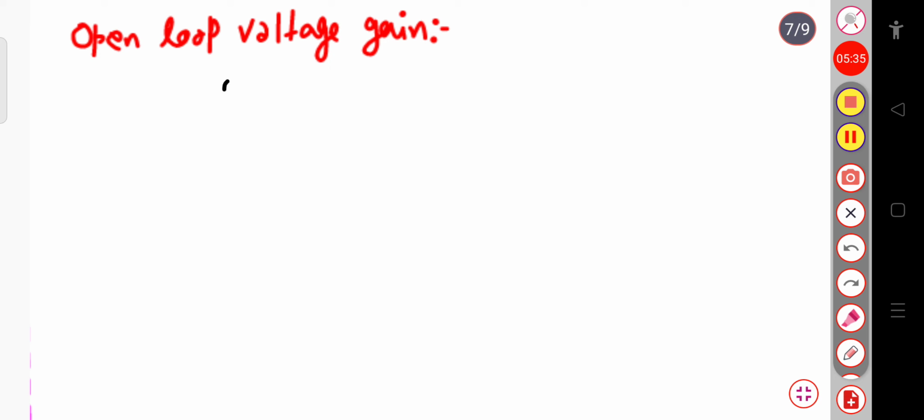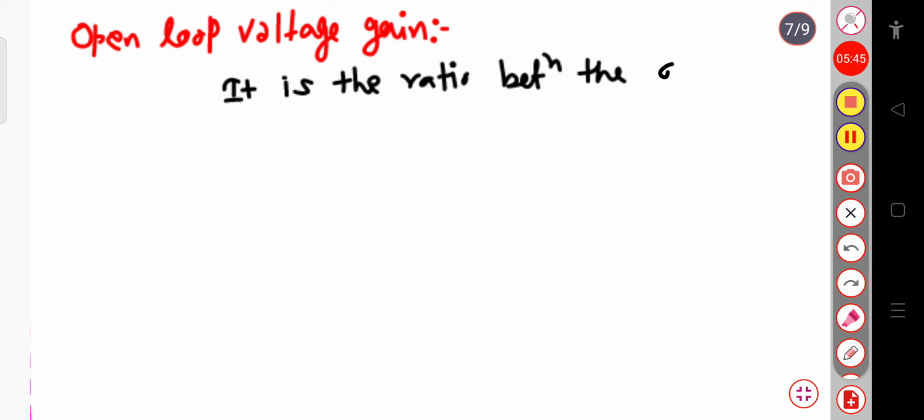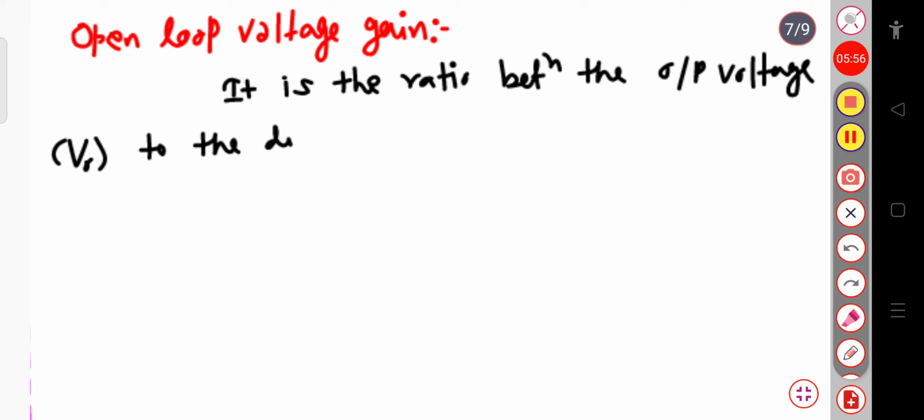So the output voltage we have considered as VO, and the differential voltage, let us consider, is VD.